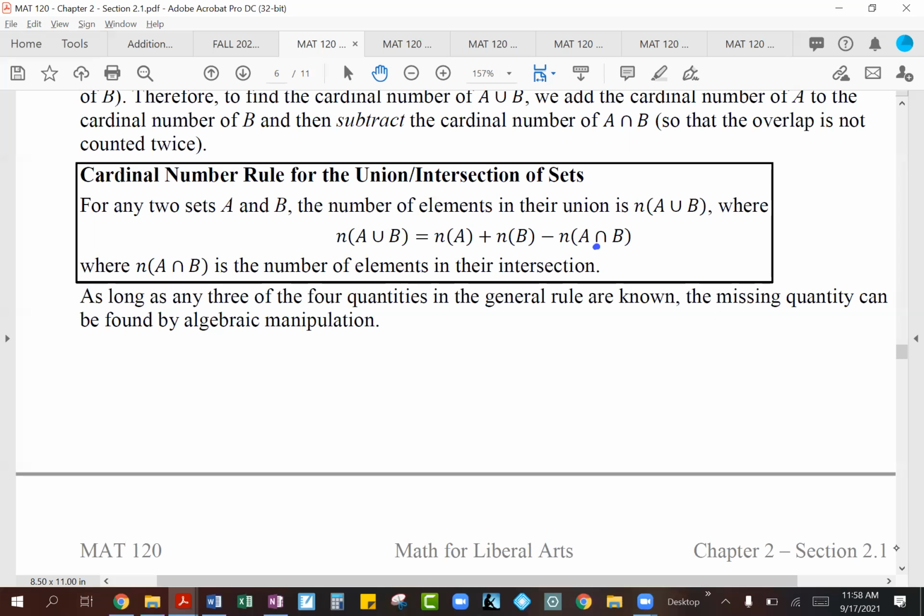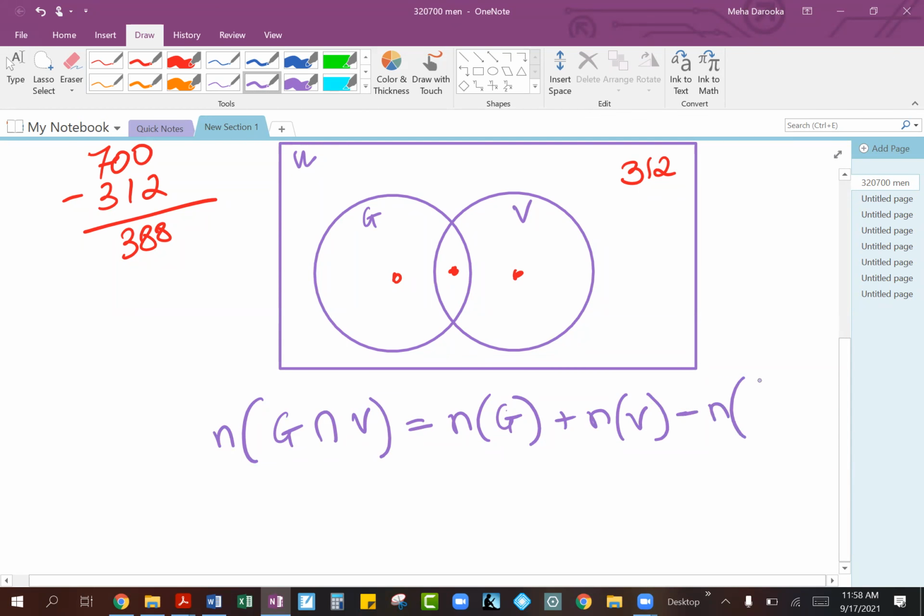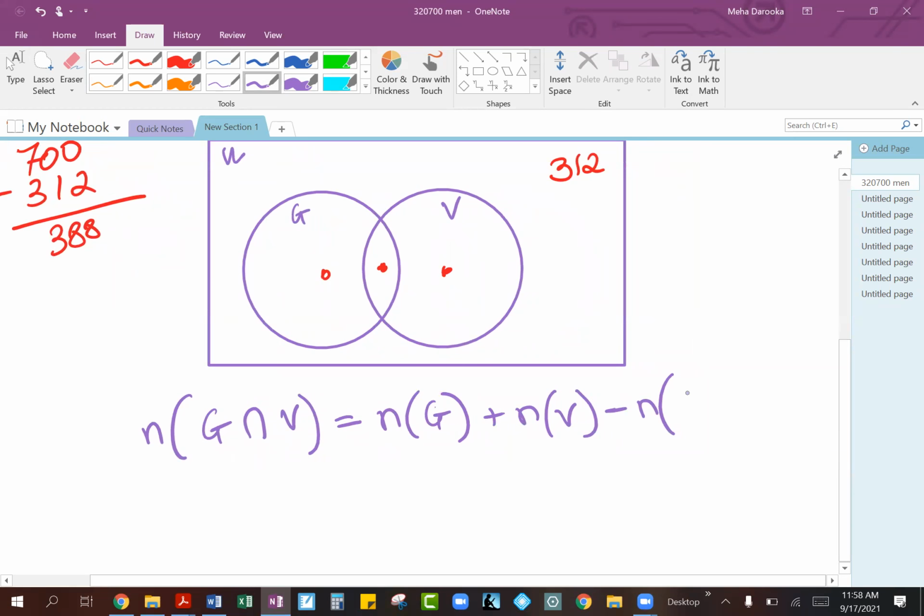We need to bring the intersection to this side and move the union to the other side, to satisfy our example. So the cardinal number of the intersection of gym and vegetarians will be the number of gym members plus the number of vegetarians minus the number in our union.